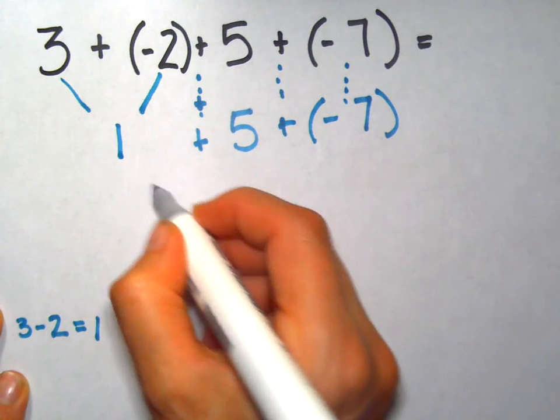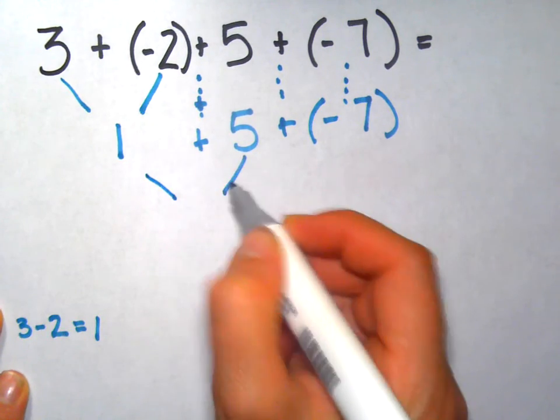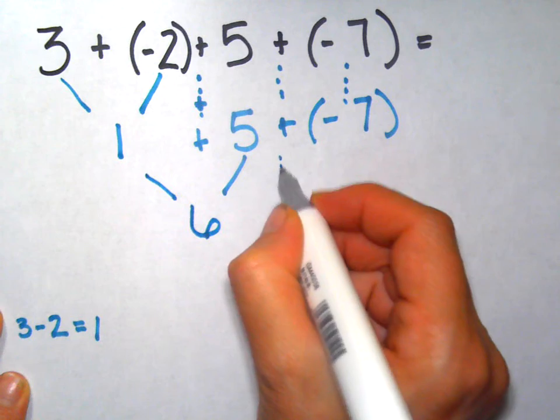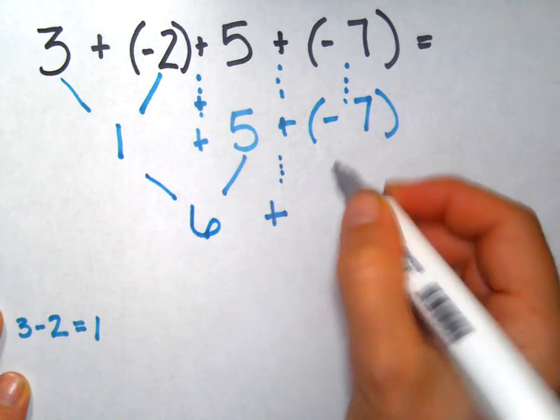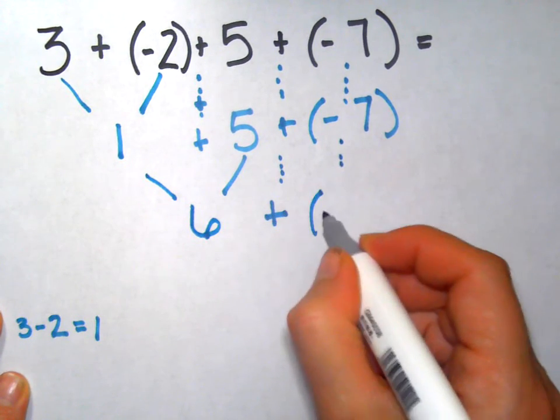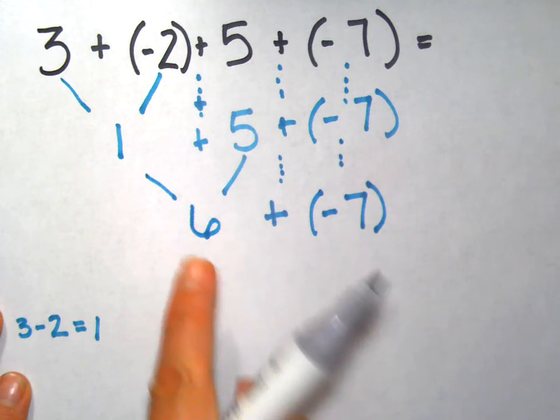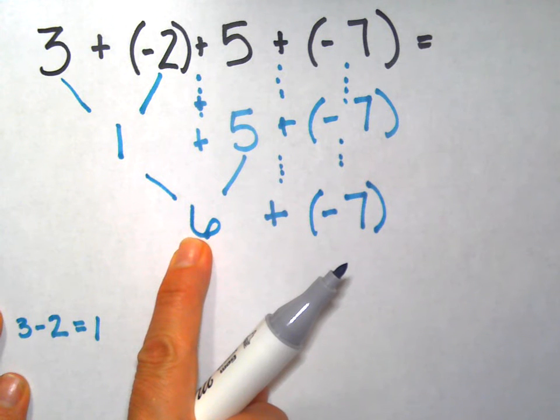Now I just take the first 2 again. 1 plus 5, easy peasy, that's 6. Drop down the plus, drop down the -7. Now I am adding 2 numbers with different signs. Take the absolute value and subtract them. So the absolute value of 6 is 6.